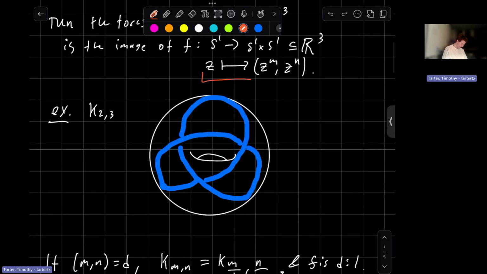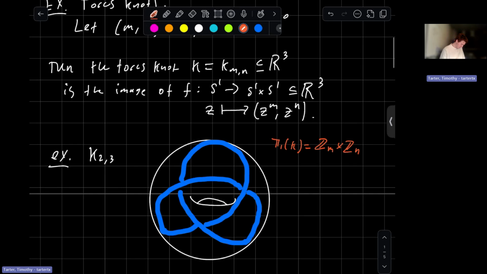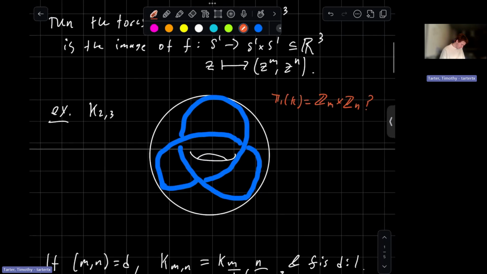So if we have this embedding, it really seems like this would end up being pi 1 of K is equal to Zm Cartesian product Zn.